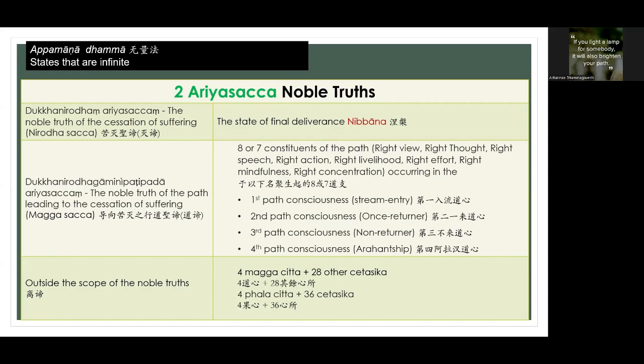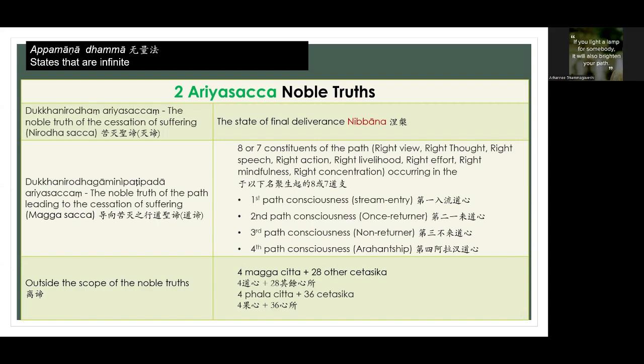Now, if we try to correlate the jhana factors to the constituents of the path, we get vitakka, that is the same as right thought or samma sankappa. And then ekaggata is the same as right concentration or samma samadhi. So basically we have 2 jhana factors that are also path factors.